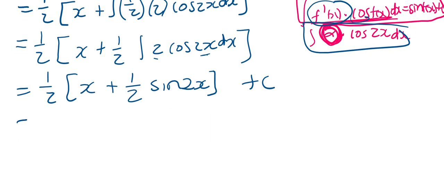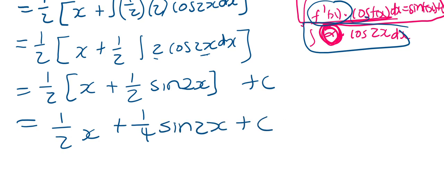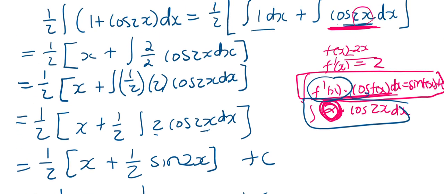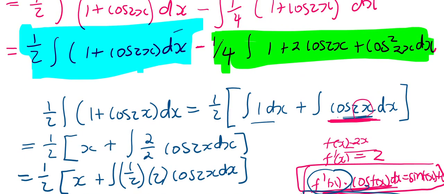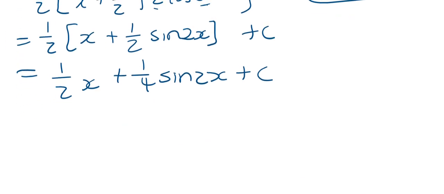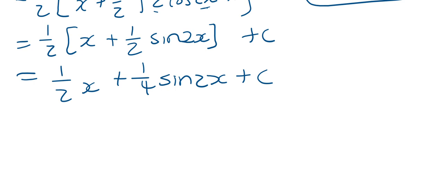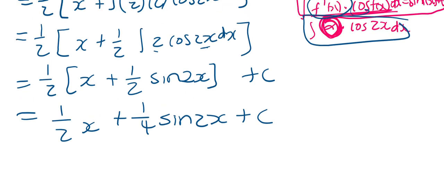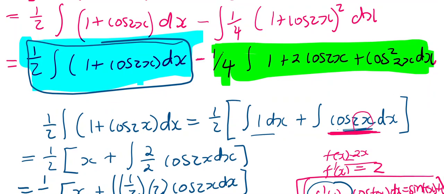So this is then equals to 1 over 2x, we're multiplying the half inside now, plus 1 over 4 sine of 2x plus c. So meaning that we have found the answer for the blue part, this part over here, which is equals to 1 over 2 times x plus 1 over 2 sine 2x plus c. So we are left with the green part over here.